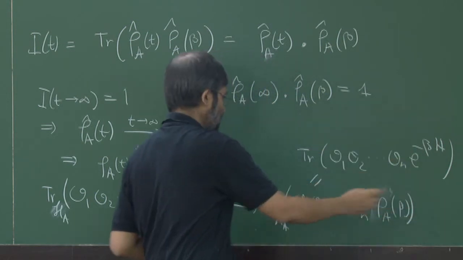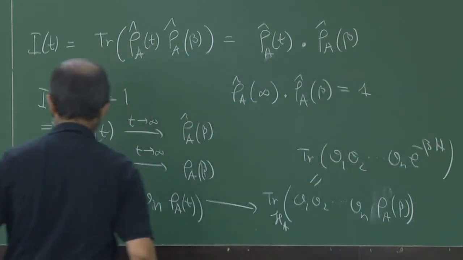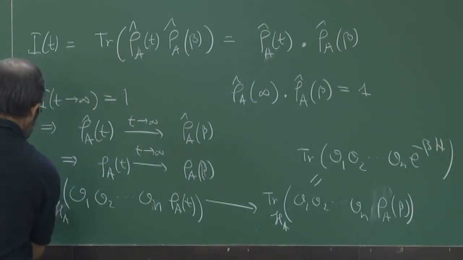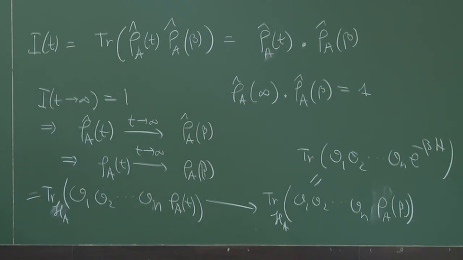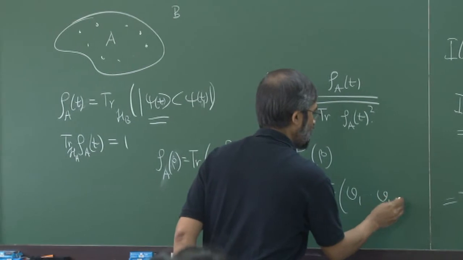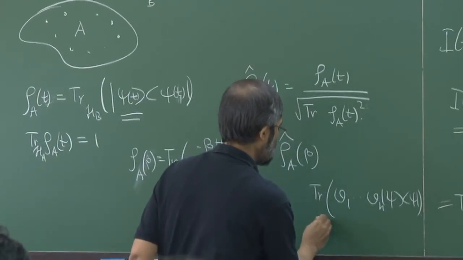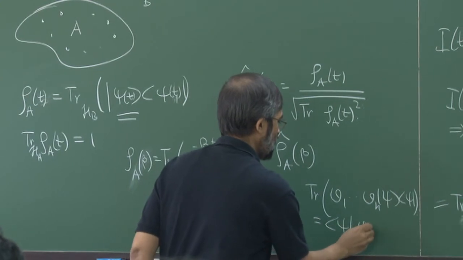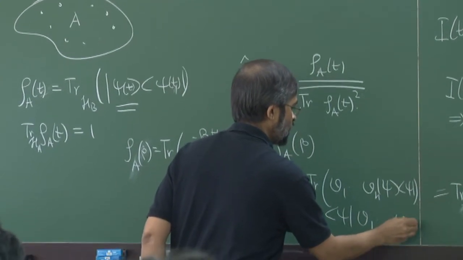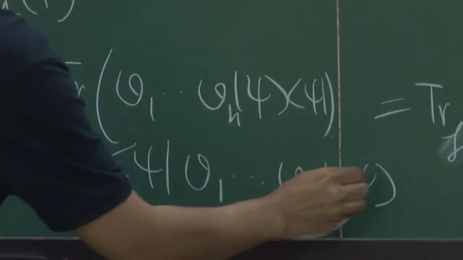So this becomes that. The right hand side is the thermal expectation value in the full ensemble, and this is also by the same logic. It becomes trace of O1, On, psi psi, which is the same thing as psi O1, On, the time-dependent one.